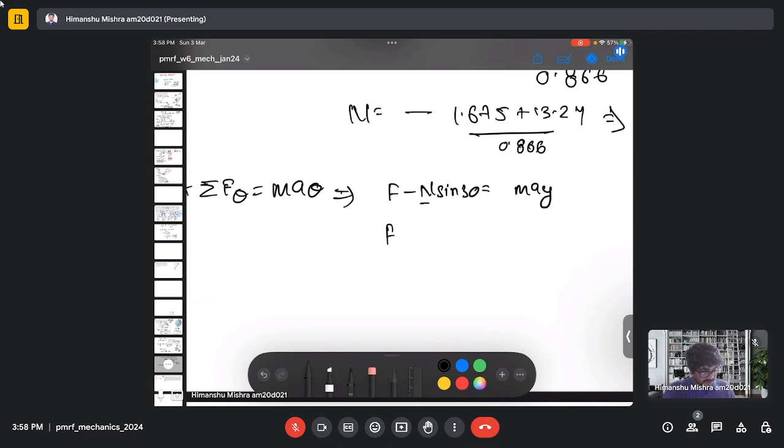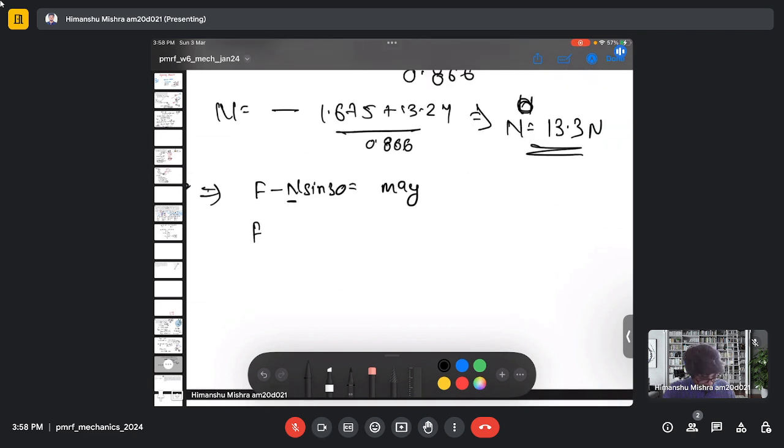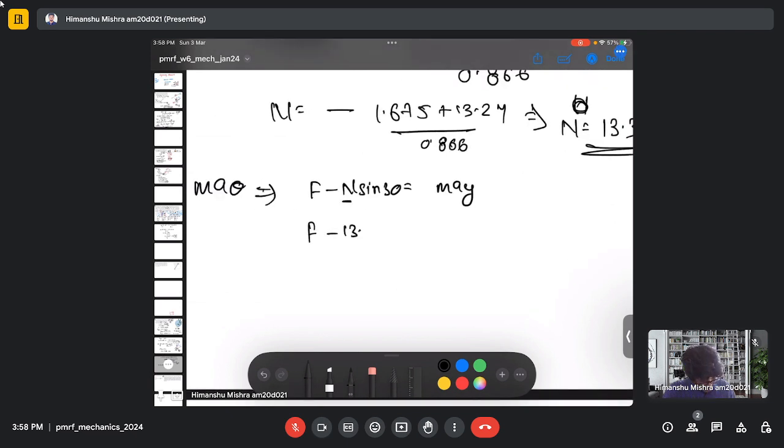So the normal reaction we found is 13.3 Newton times sin 30, plus F, equals the mass 0.08 times a theta, and a theta was 20.